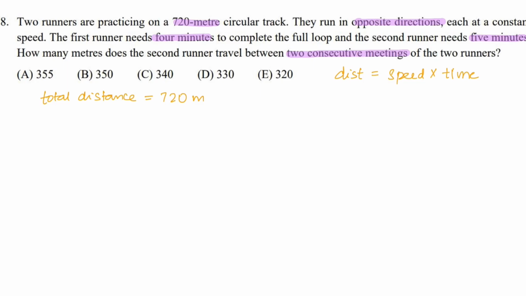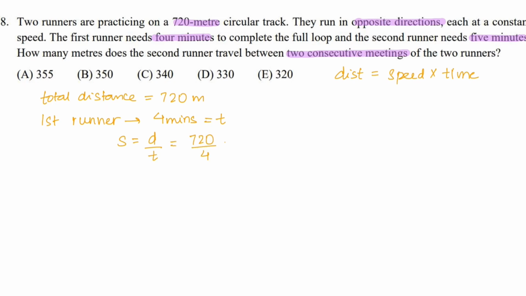That means the speed of the first runner, this is the time, and we know the distance already. The speed is going to be distance upon time, so it's going to be 720 divided by 4, which is 180 meters per minute. Let's see what it is for the second runner.